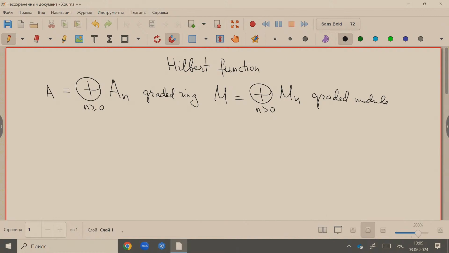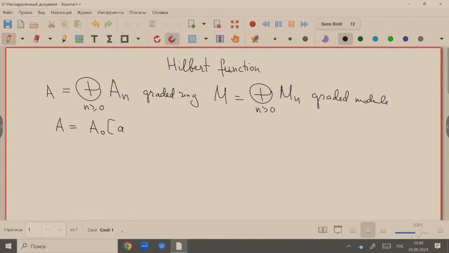And A was supposed to be a finitely generated algebra, so A was equal to A0 adjoined with the elements a1 and so on, a_s. So they are homogeneous generators.